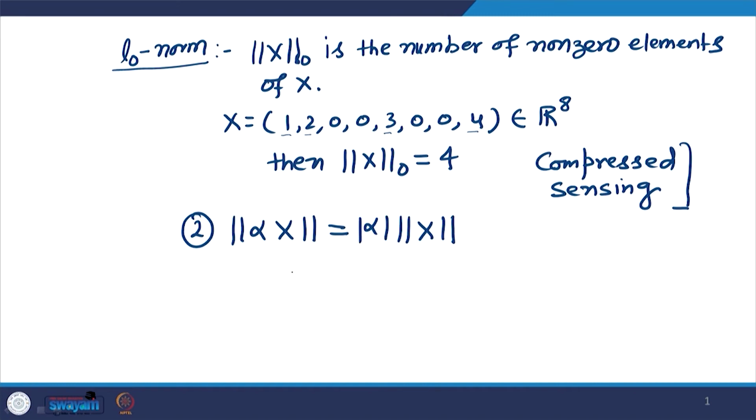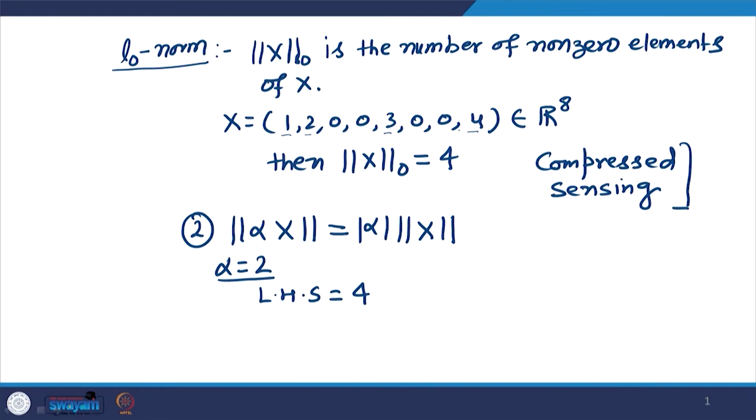Now, if I take alpha equals 2, then the left hand side has the same value 4, because if you multiply each element of this vector by 2, it will become 2, 4, 0, 0, 6 and so on.